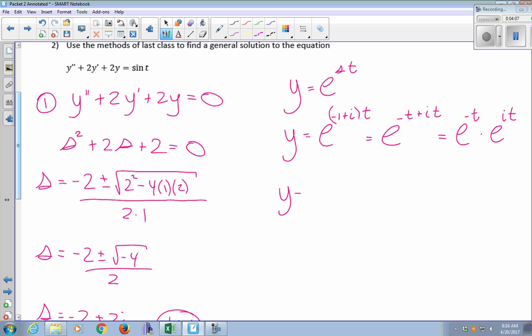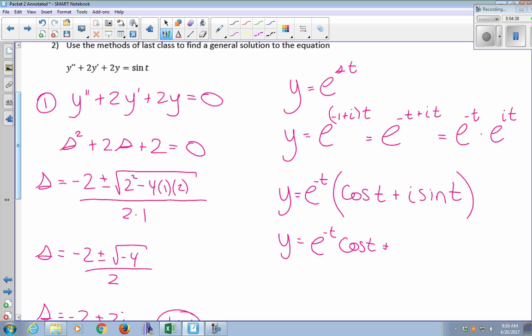I'm copying down the e to the negative t, but then I'm going to use Euler's formula on e to the it. Euler's formula says e to the i theta is cosine theta plus i sine theta. We're using a t instead of a theta here, so this is cosine t plus i sine t. Distribute your e to the negative t on the e to the it.